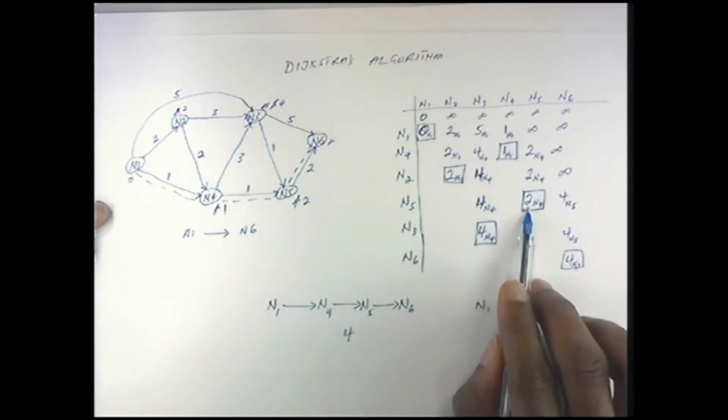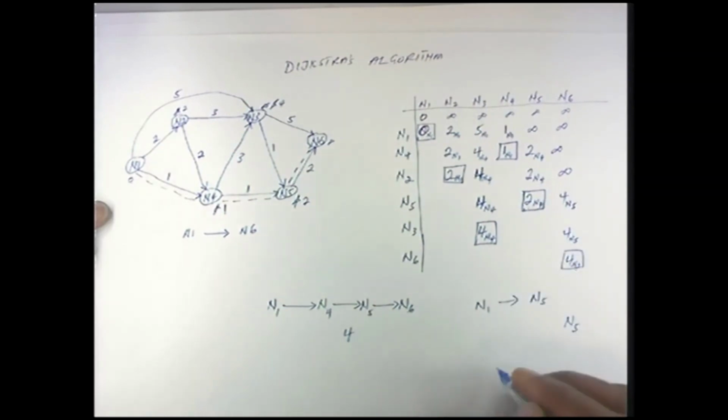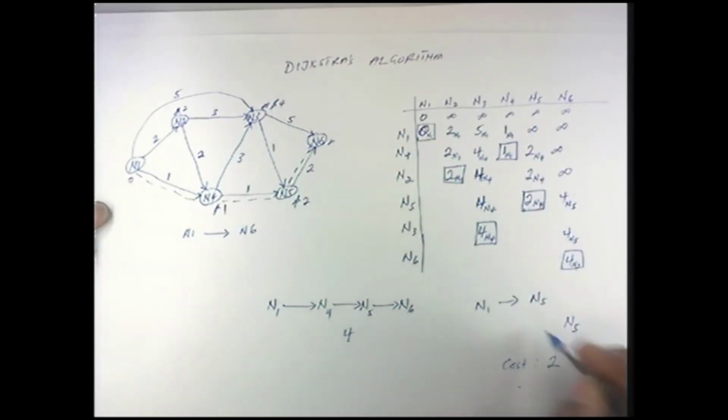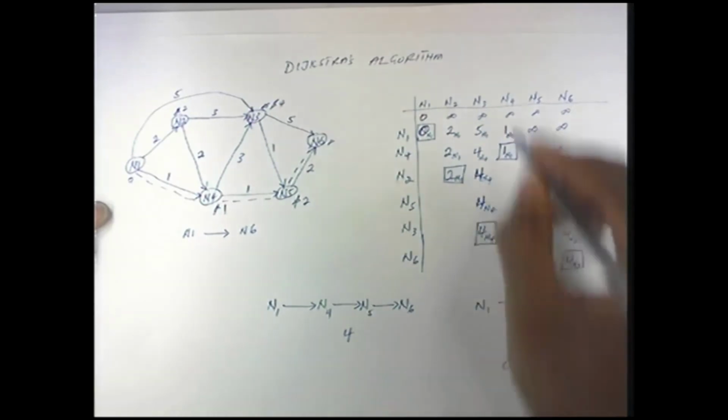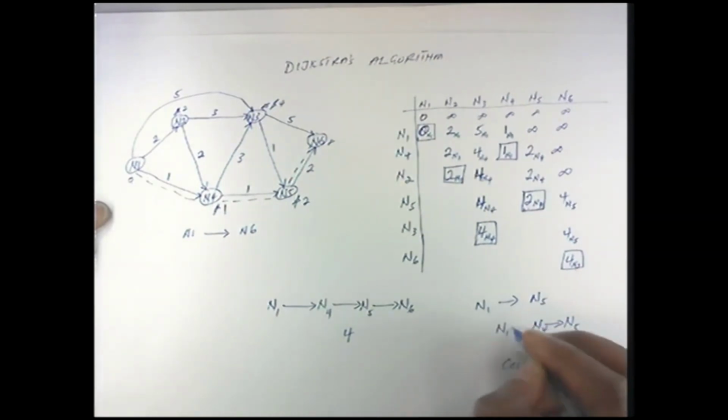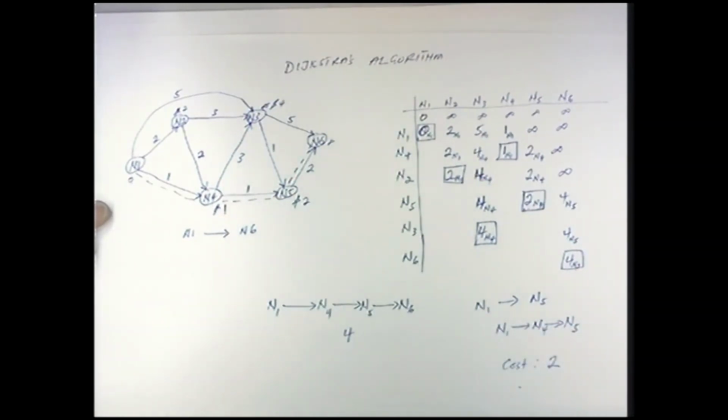It will cost us 2. So we already know that the cost from N1 to N5 is 2. But now let's look at the physical path. So to get to 5, we need to come from 4. Now from 4, we can just come directly from N1. So the shortest path from N1 to N5 will be N1, N4, N5.